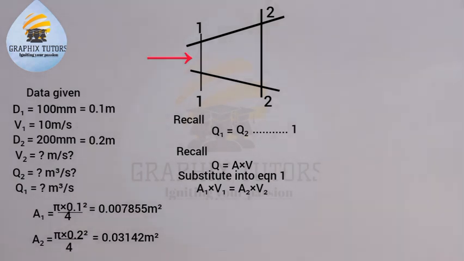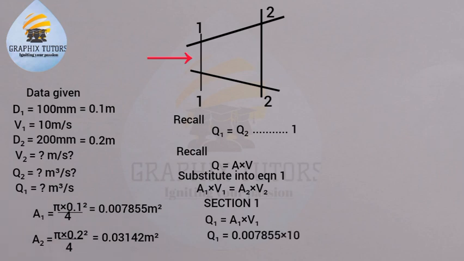Now let's see for Q1, the discharge at section 1, which is area times velocity at that section. What is the area 1 at that section? We have 0.007855 times the velocity, that is 10. So we now have the discharge at that section to be 0.07855 meter cube per second.